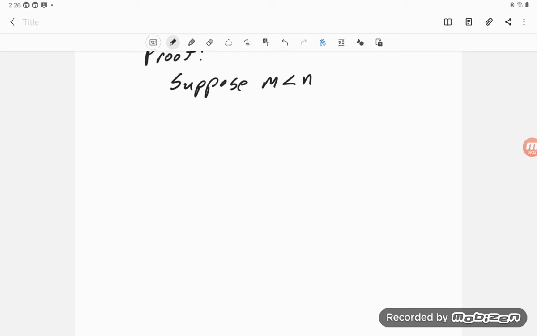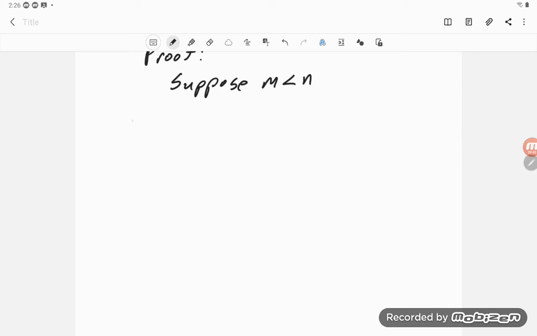She's a big one. Okay, so anyway, suppose m is less than n, and that the coefficient matrix is equivalent to some row reduced form. Then let's look at what happens here.